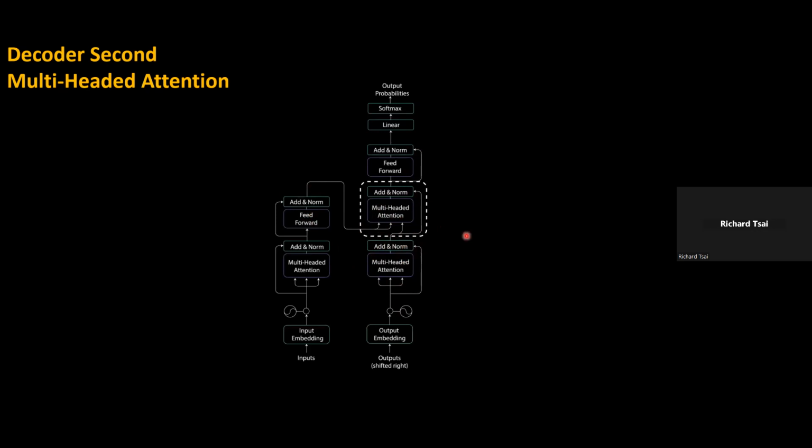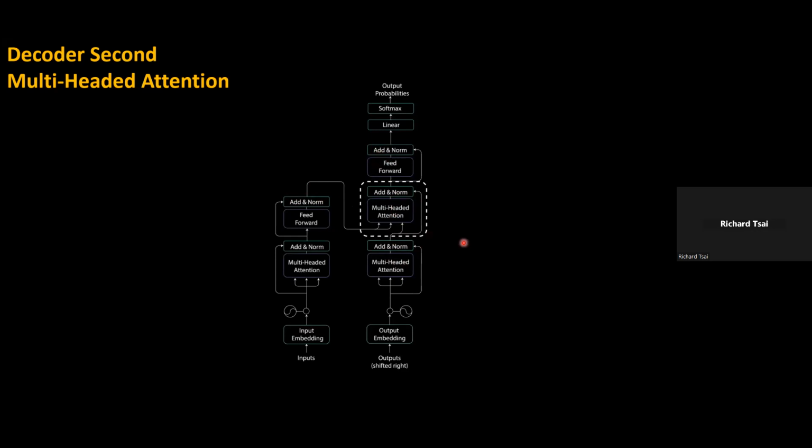So let me repeat. The encoder's output plays a role in generating the queries and the values, while the output from the decoder's first MHA is used to generate the keys.